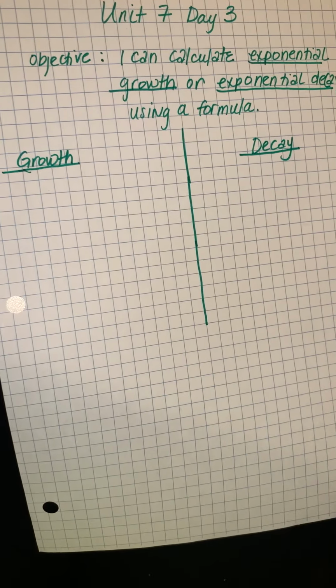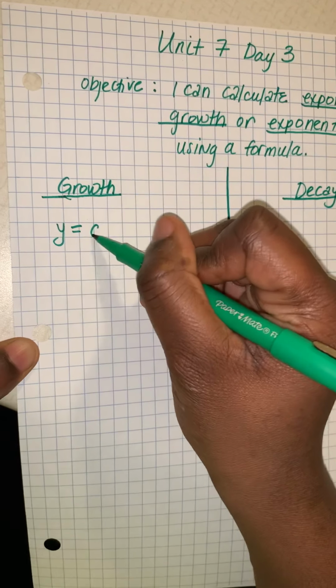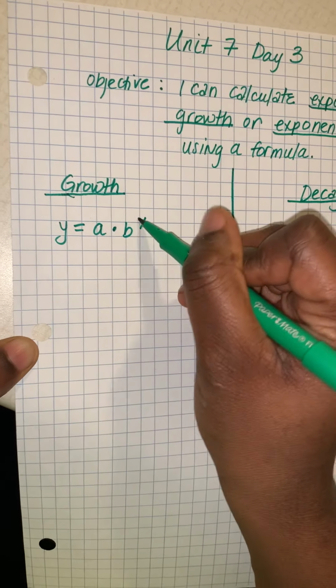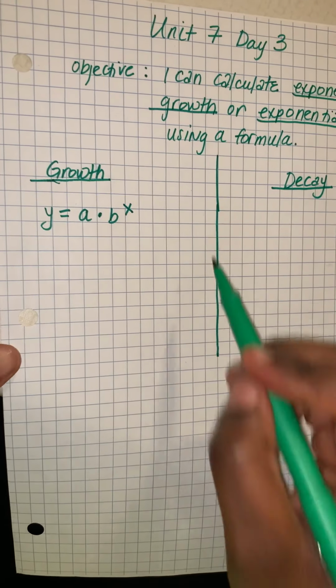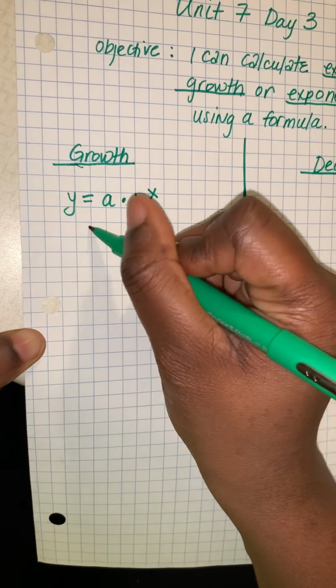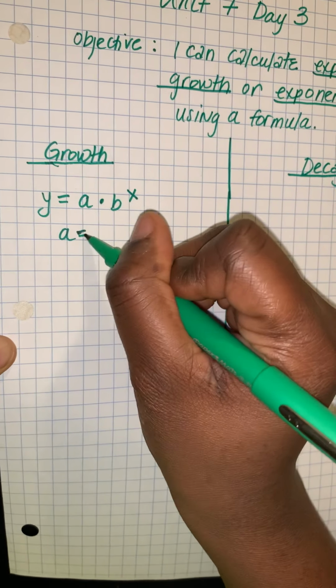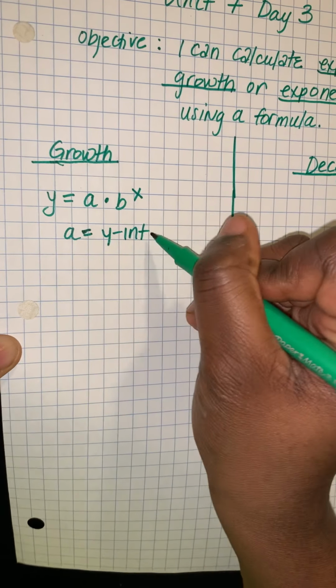All right, so you guys know the formula we just used. It was y equals a times b, raised to the x power. Now within this formula, we talked about that our a is the y-intercept. So a equals y-intercept.